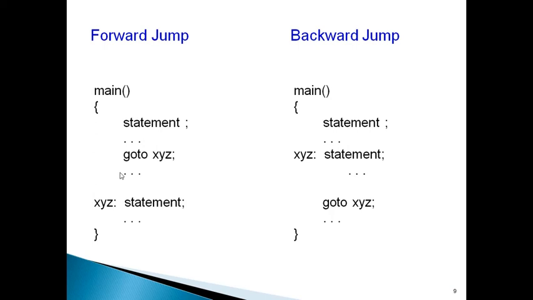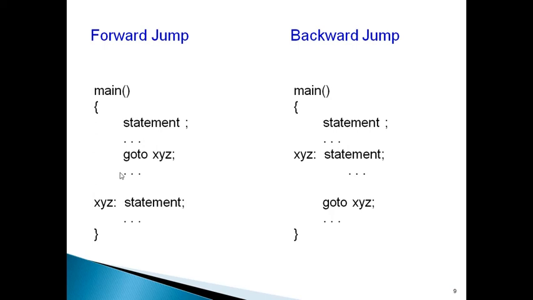After the label, it finds the goto statement, goto XYZ. Whenever it executes this statement, the control passes backward again and executes the label statements. This is the forward jump and this is the backward jump.